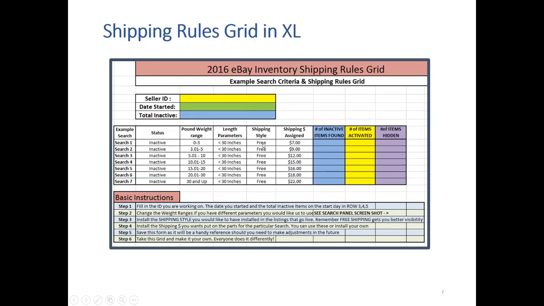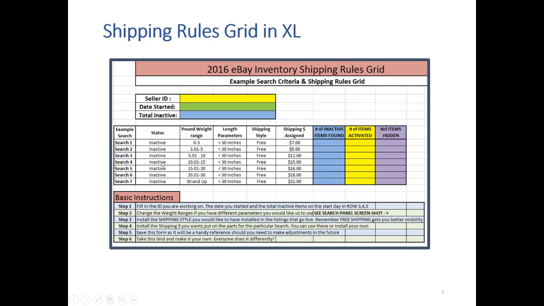I'm going to assign it as a free shipping style listing, and I'm going to make it a $7 add-on for shipping. I can jot down the number of items that I found, the number of items that I activated, and then if there were any items in that collection that I ended up tucking away and hid away, I don't want to have them on eBay, well then I can jot that down too and try to track that. If you keep a soft copy of this and can refer to it in the future, it's a way to remember what you did.